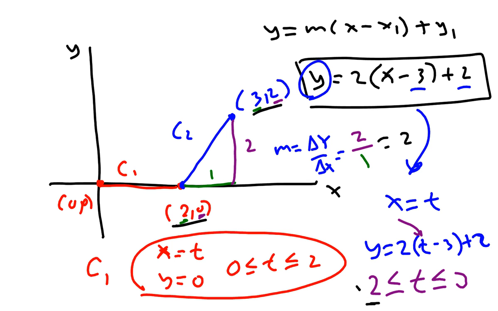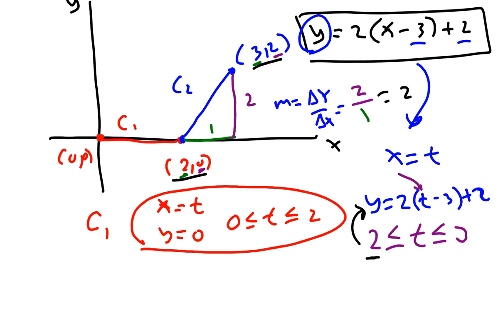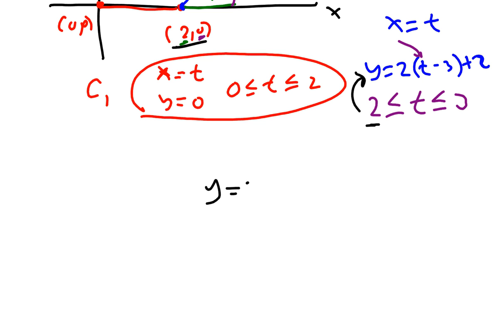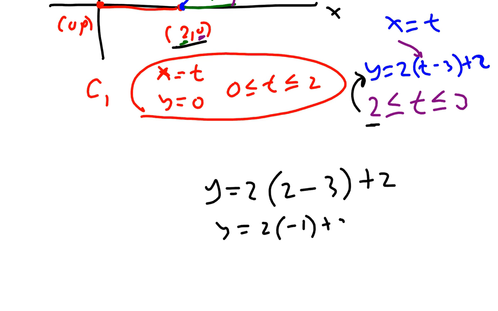So if I were to plug 2 into that line segment there, let's just write this out just so we're clear. We'd have y equals 2 times 2 minus 3 plus 2, or y equals 2 times negative 1 plus 2, or 0. And that's exactly what we wanted, because we wanted to be starting at the point 2, 0.